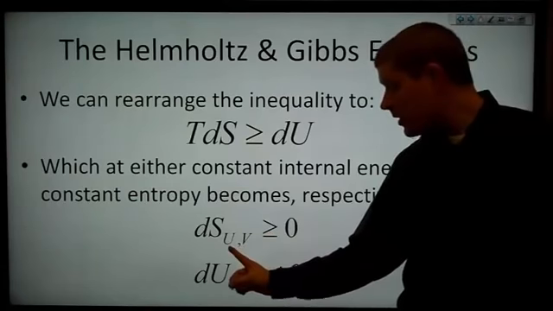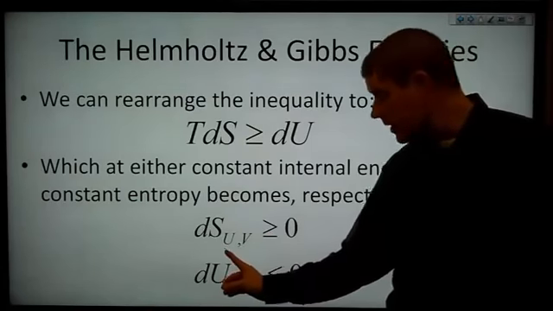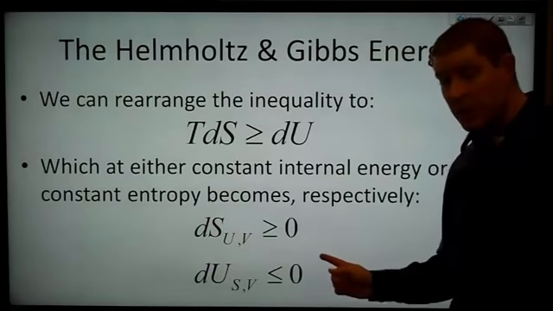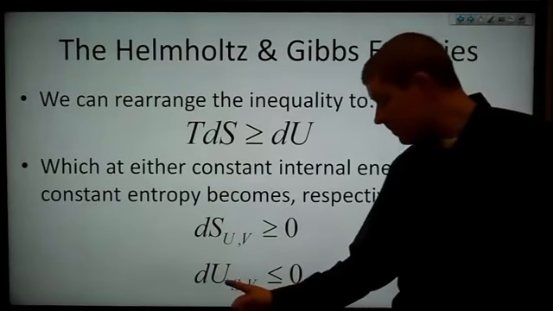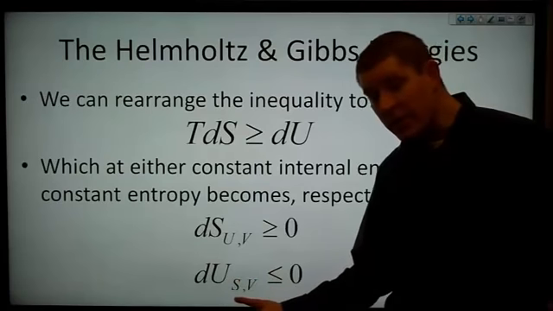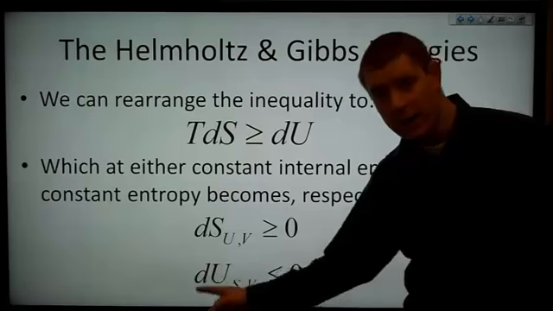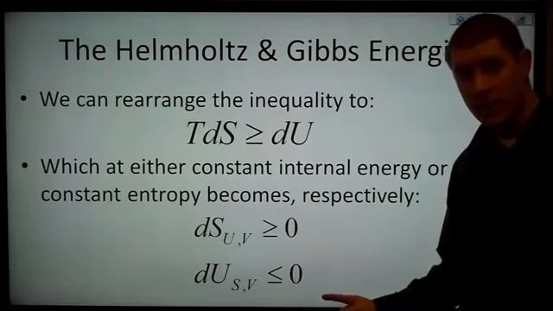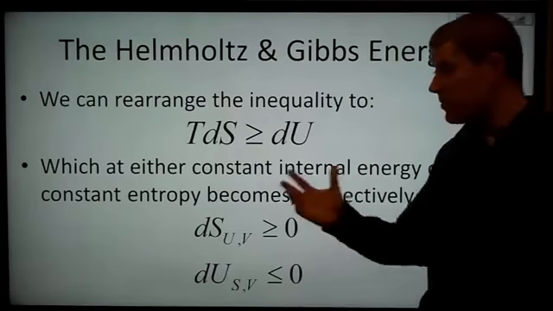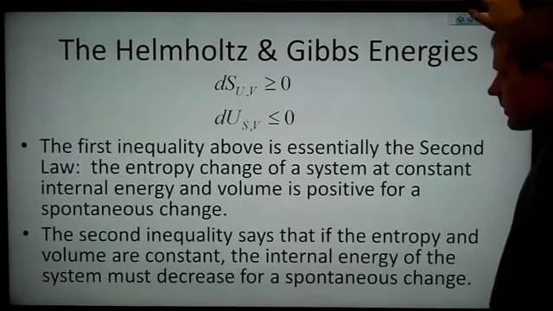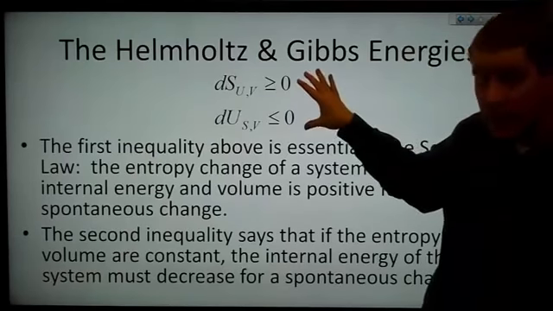At constant internal energy and constant volume, the entropy change must be greater than 0. And at constant entropy and constant volume, the internal energy change must be less than or equal to 0 for a spontaneous process. Right? So that's what we had on the last slide.